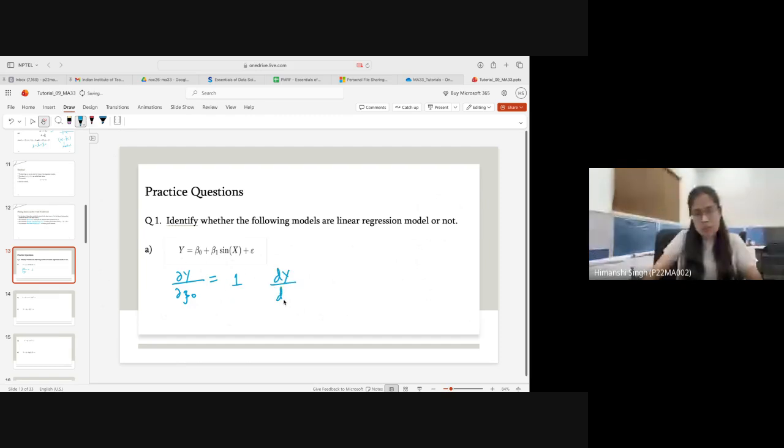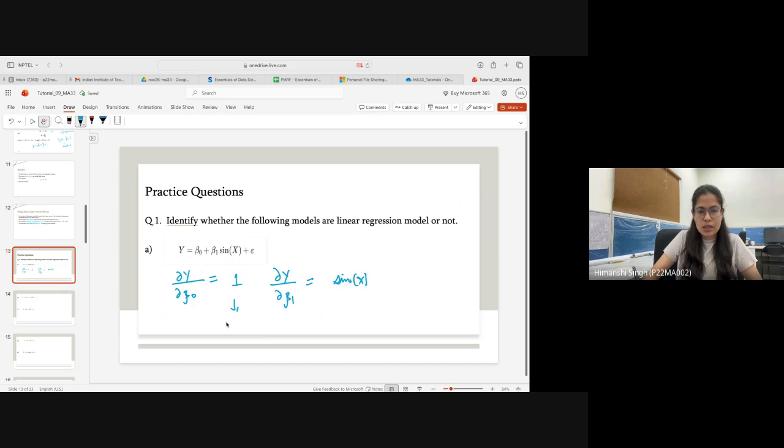Again, del y over del beta 1. I should write del, not d, because I am considering y to be a function of two variables. Over del beta 1, it is sine of x, which again is independent of the parameter.